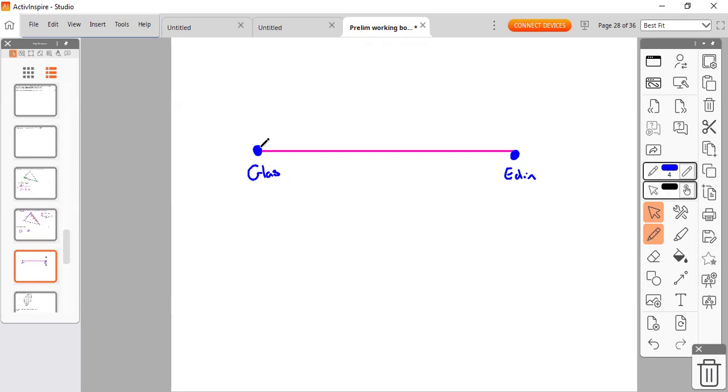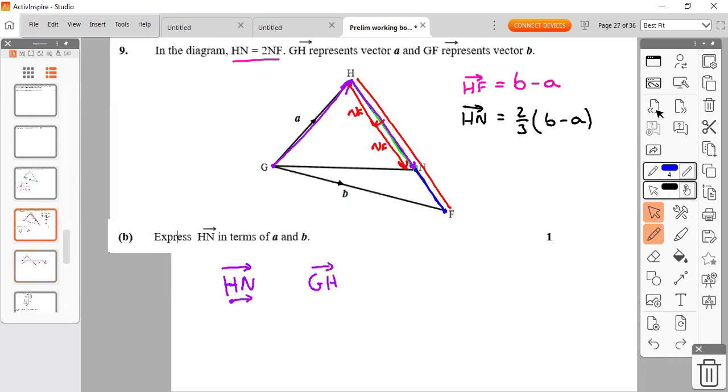We could also have a journey that goes up to, what's north, Perth, and down to Hoyt, and then up to Edinburgh. They end up in the same place. The distance is totally different, but as a way of describing how to get from Glasgow to Edinburgh, it's still a valid description of a journey. Likewise here.